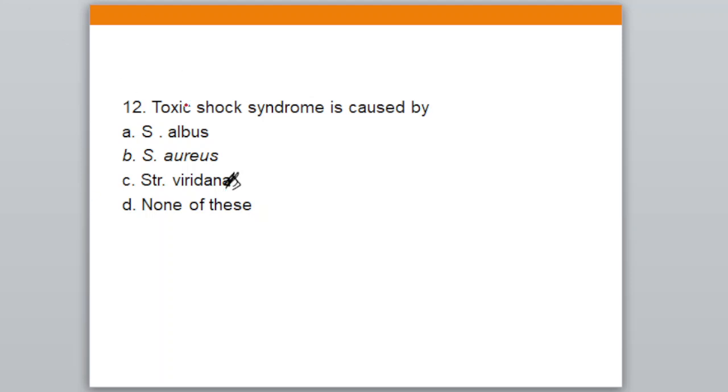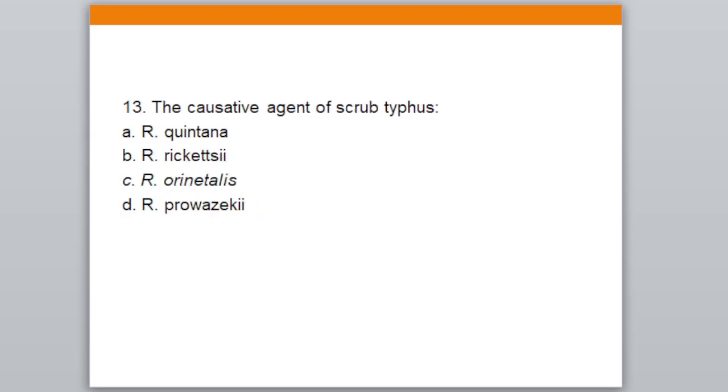The correct answer is Staphylococcus aureus. Question 13. The causative agent of scrub typhus is R. quintana, R. rickettsia, R. orientalis or R. provazeki. Your correct answer is option C, R. orientalis.